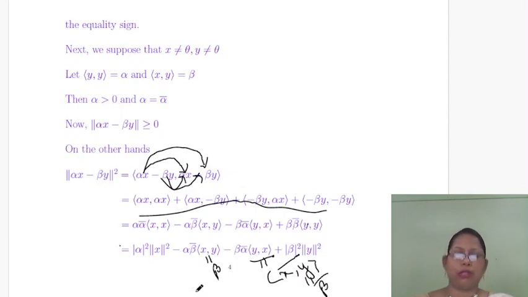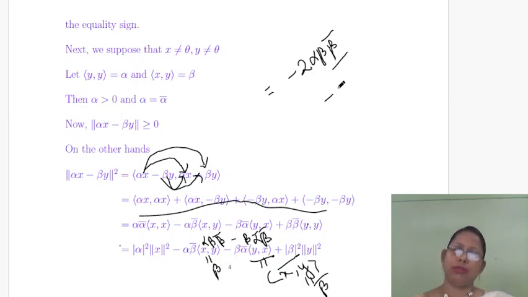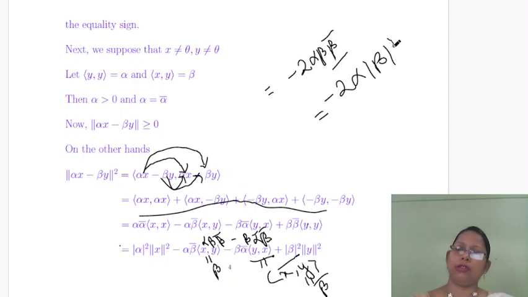So this term finally will be alpha beta beta conjugate, and this term will be minus beta alpha conjugate beta conjugate. So these two terms will give you minus 2 alpha beta beta conjugate. Here this beta conjugate will be minus 2. This is equal to 2 alpha beta whole square.